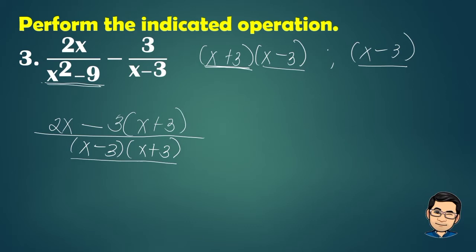Okay, next. 2x minus. So, itong negative 3 na to, i-distribute natin siya dun sa mga terms sa loob ng parenthesis. So, magiging negative 3 times x, negative 3x, negative 3 times positive 3, that will become negative 9.